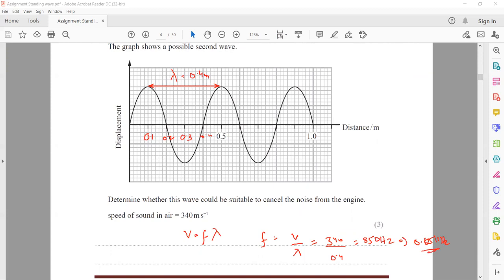So we are using the same frequency to cancel out the noise from the engine, so it is suitable. A comparable frequency is needed to cancel out the other wave. Otherwise, if different frequencies are there, it won't be able to cancel out completely.